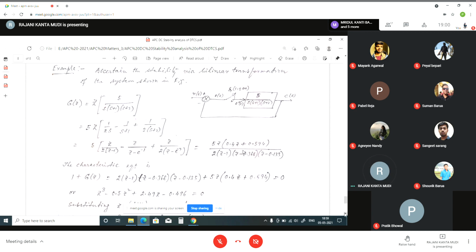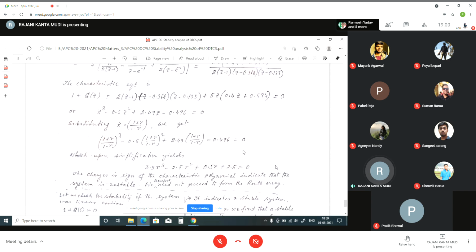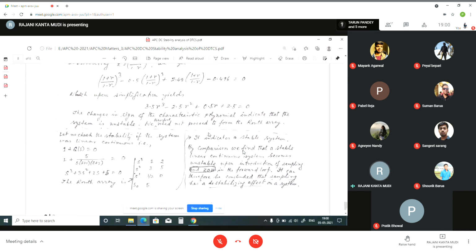If we simplify it, we find it looks like this, in terms of r. You see that there is a sign change in the characteristic equation. A change in sign of the characteristic polynomial means the system will be unstable.